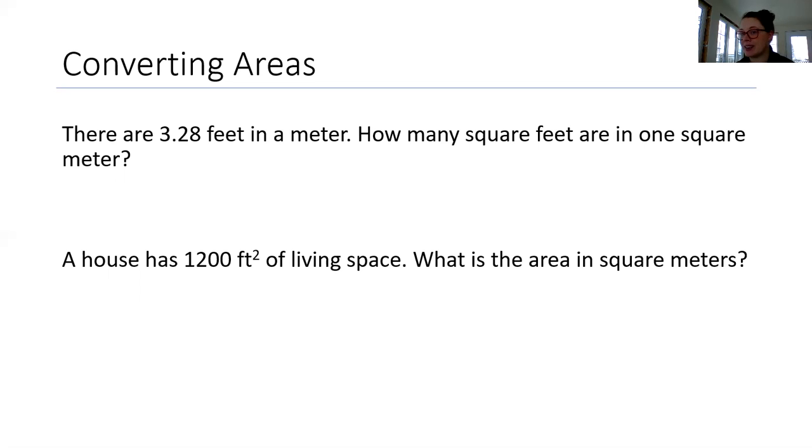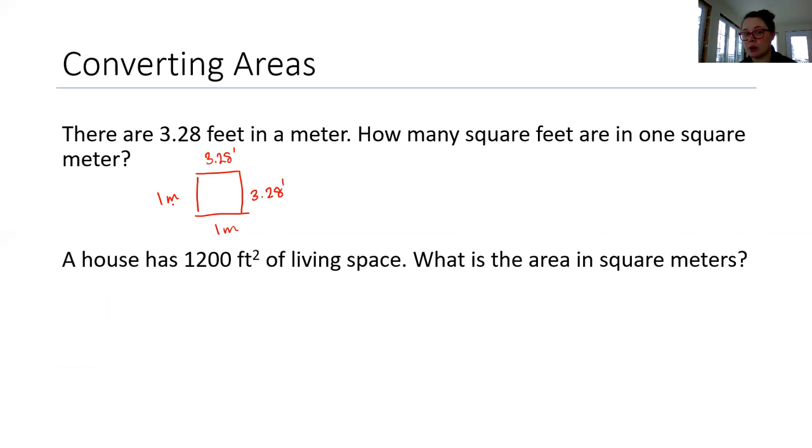So basically what I'm saying is, 1 square meter equals X square feet. We want to make a conversion. If you want to, make a diagram like before. This is our 1 meter by 1 meter. Well, that's the same as 3.28 feet by 3.28 feet.